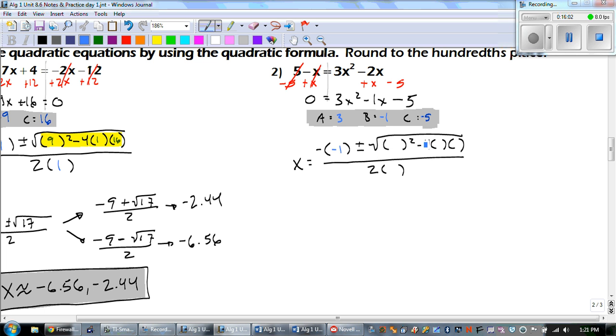We get -1, -1, A, C, and A. Okay, the opposite of -1 is a +1, plus or minus the square root. 2 times 3 on the bottom is 6.